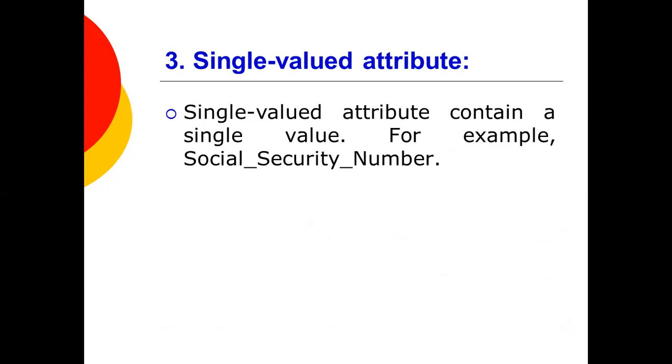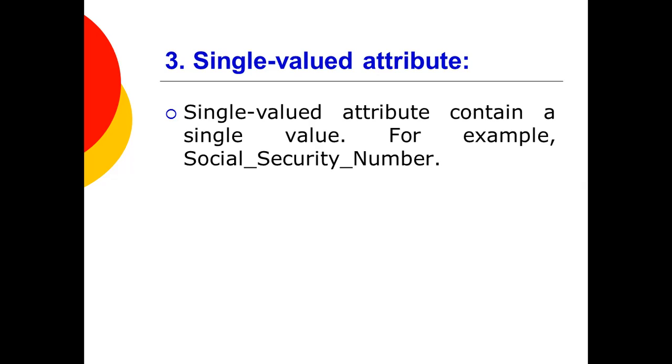Now the single valued attribute. A single valued attribute contains a single value. Single value means unique value. For example, social security number is a single value. Roll number is again a single valued attribute.